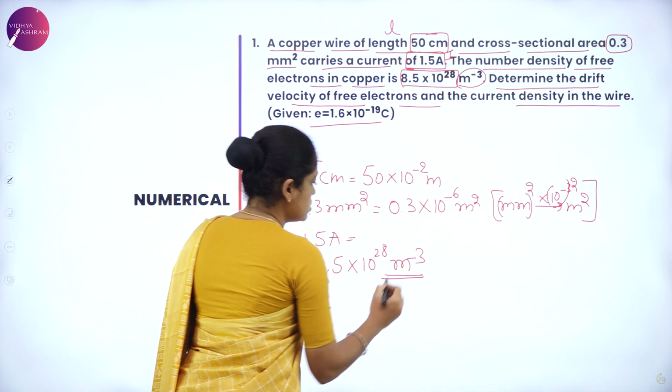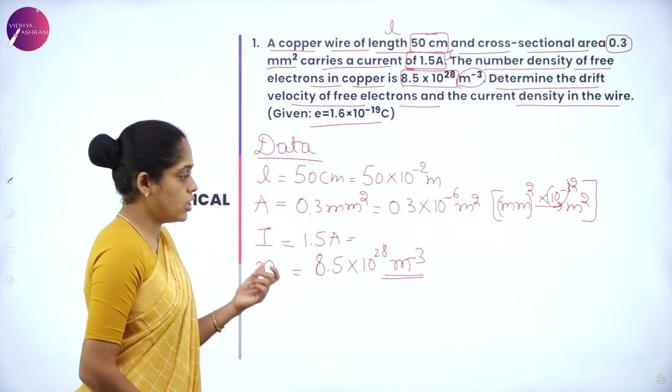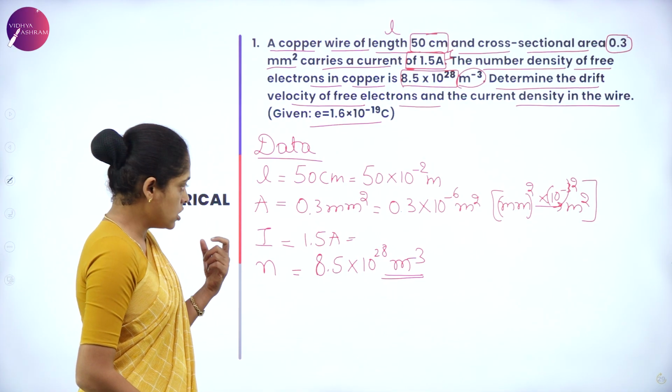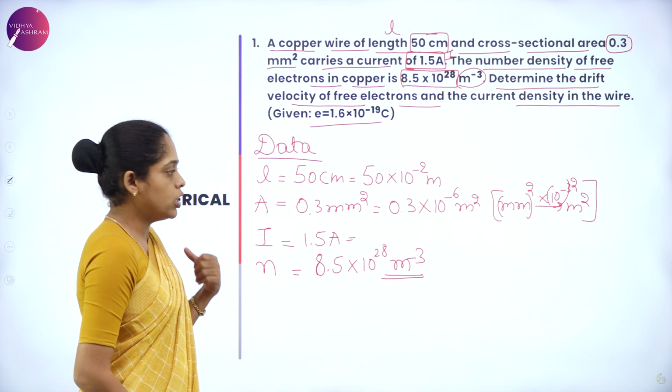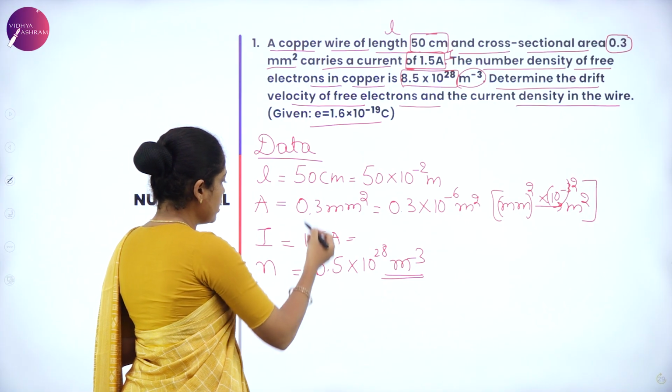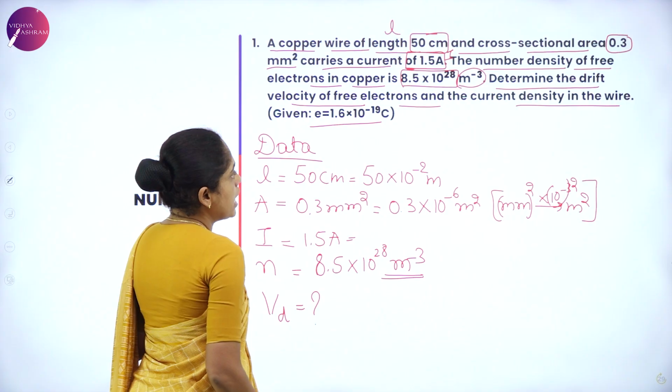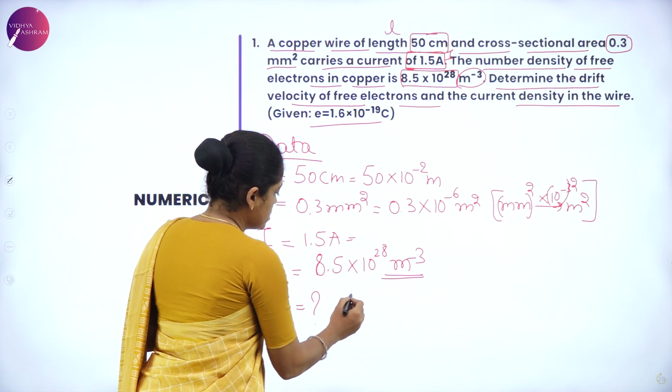So observe this, per meter cube is the unit of volume. Therefore, here the number of electrons is given per unit volume. Next, using this data, we have to find the drift velocity and the current density J.